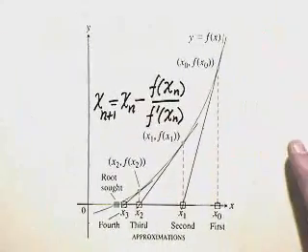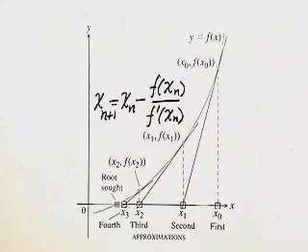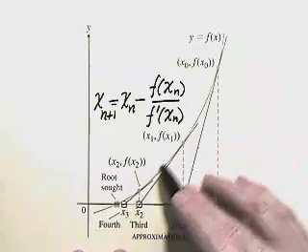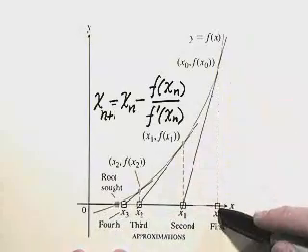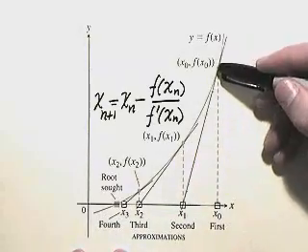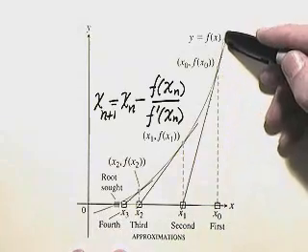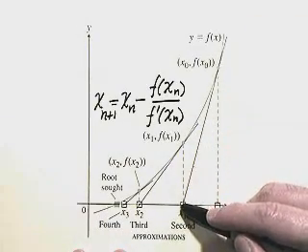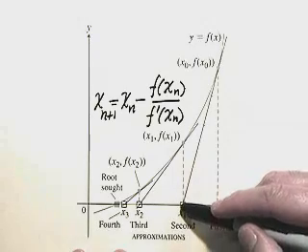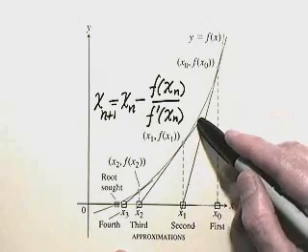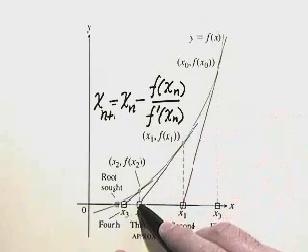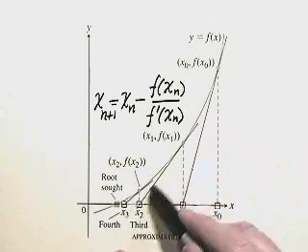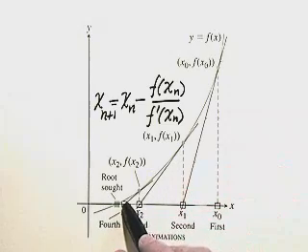In this situation, here's a curve that's more nicely smooth. If I start here at x naught and come up to the point on the curve, draw the tangent line that crosses the x-axis here at x1, and then come back up to the curve, form the tangent line that crosses the x-axis at x2, come up to the curve, form the tangent line, it crosses the x-axis at x3.